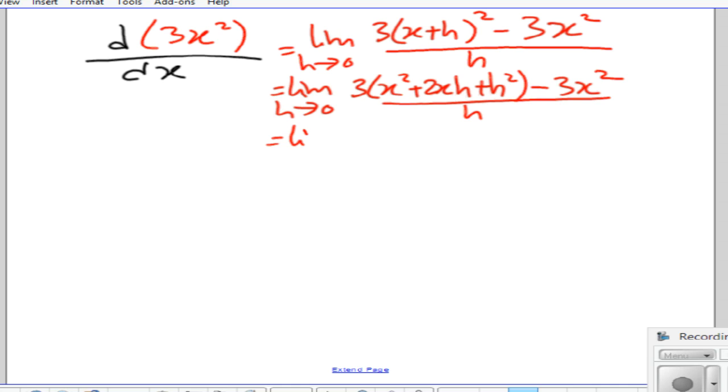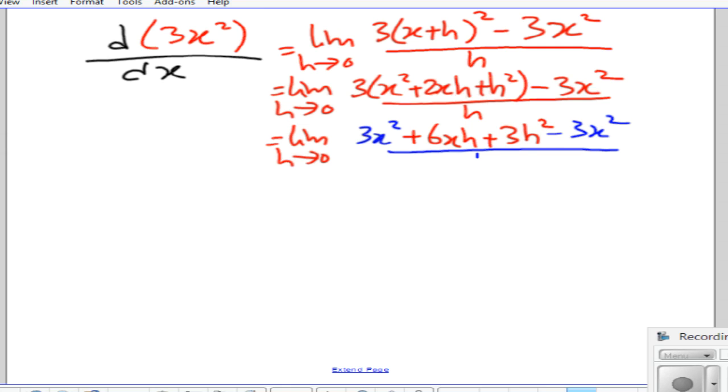So now it's the limit as h goes to 0 of 3x squared plus 6xh plus 3h squared minus 3x squared, over h. You can see that the 3x squared and the minus 3x squared cancel out.